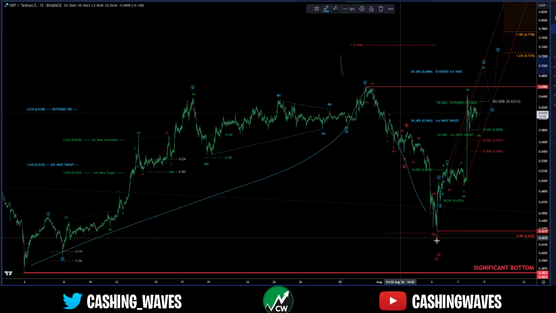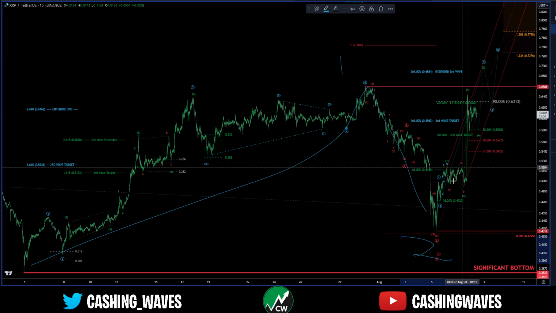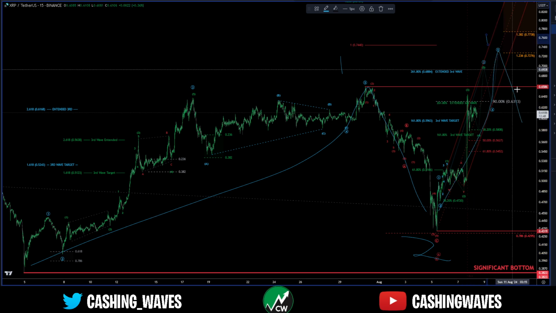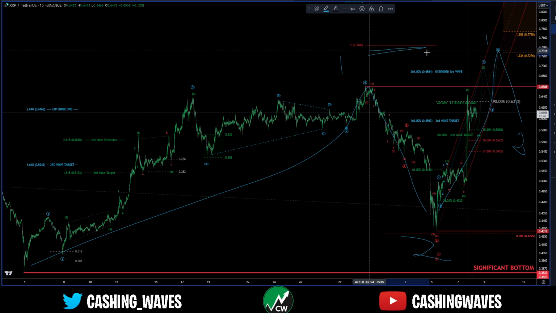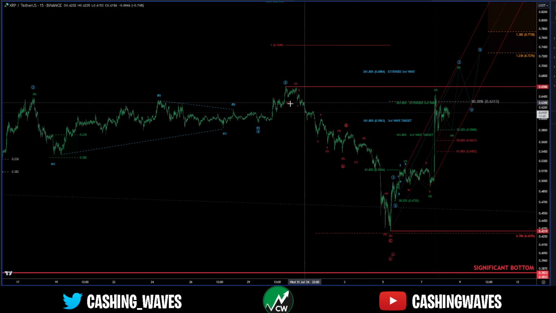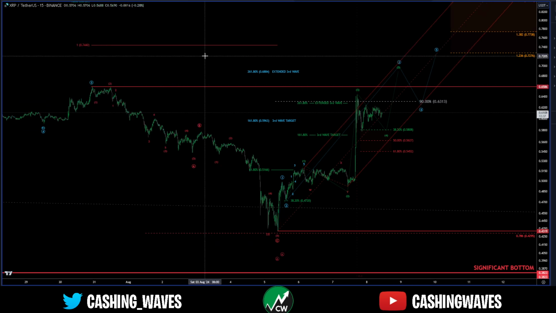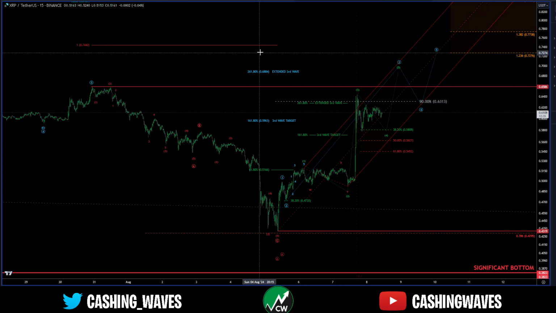So this is a 1-2, and this smaller 1-2. So it'd be a 1-2, 1-2, and we come just shy of the 100%, which I prefer. We want to ideally break the high of this wave 1, make a higher high, and just come shy of the 1-to-1 ideally.